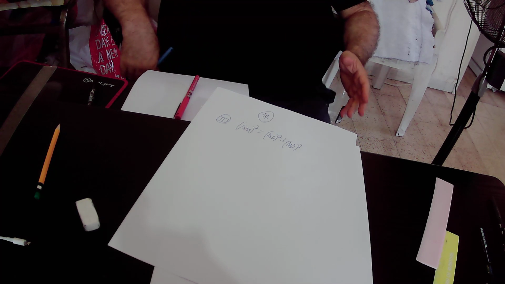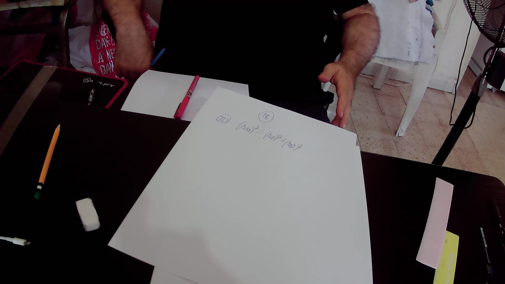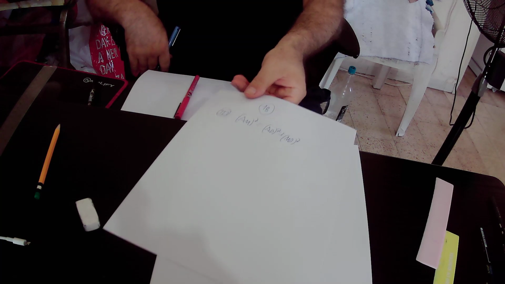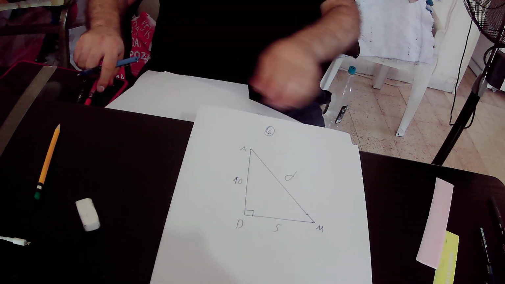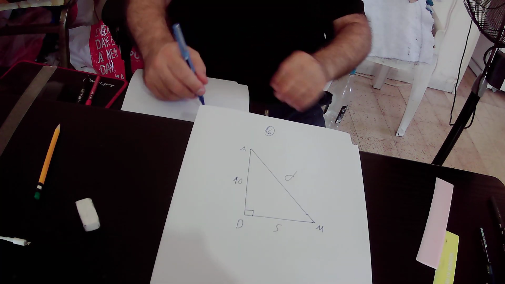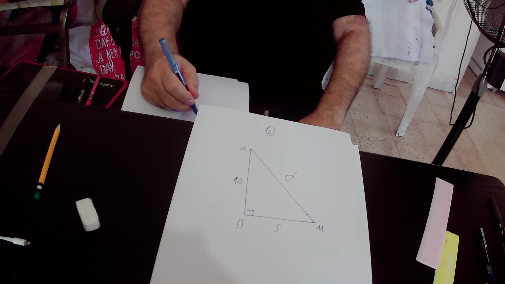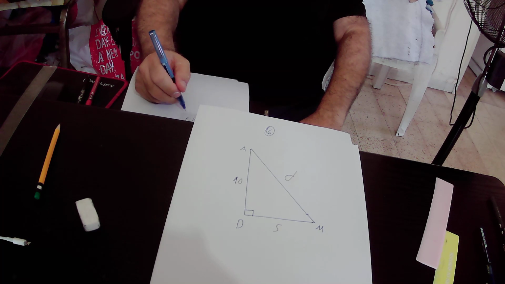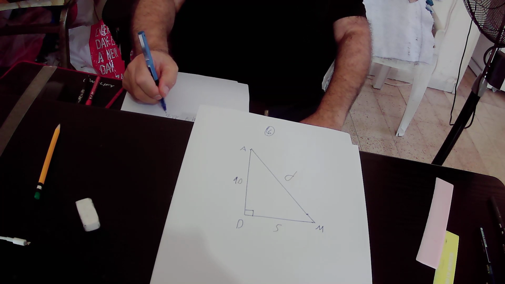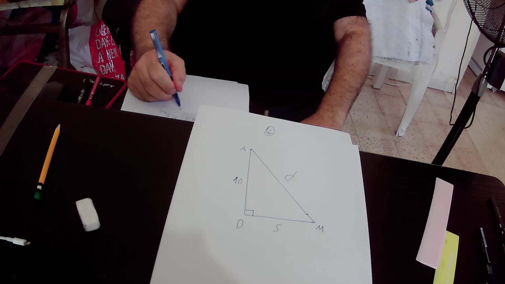But we know that AM equals d. Yes? AM is the diameter of the circle, it equals d. AD equals 10 units. And MD equals 5 units.